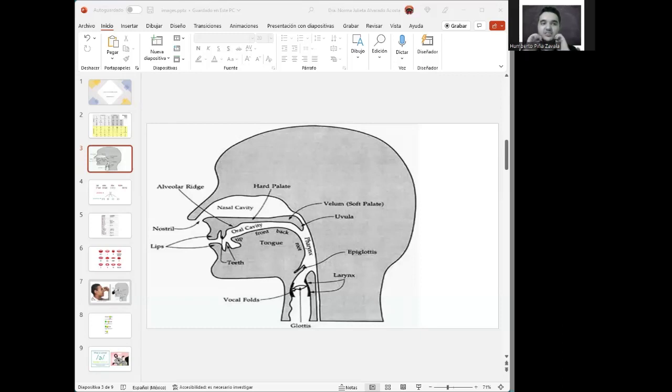You can feel like your whole tongue going up and touching your hard palate. This one you need to use the tip of your tongue, but still touch the hard palate.